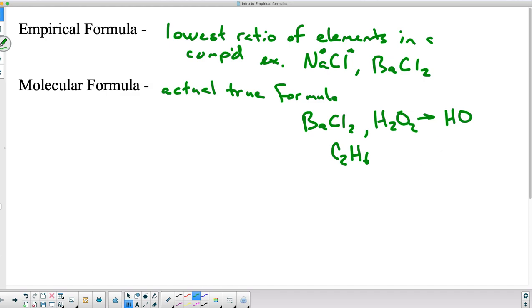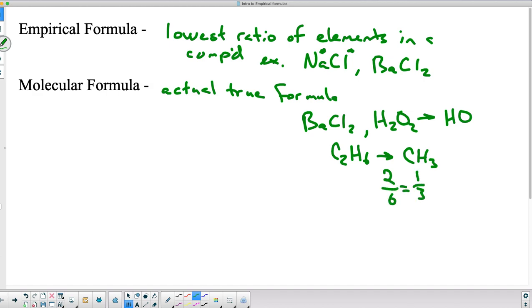So sometimes the molecular formula is not the lowest ratio. Just like C2H6 is called ethane. Ethane has an empirical formula of CH3 because, I'm sure you recognize this already, 2/6 can be reduced to 1/3.